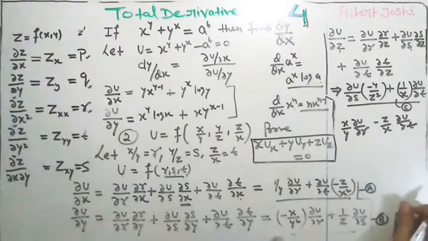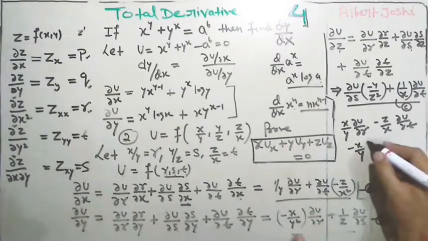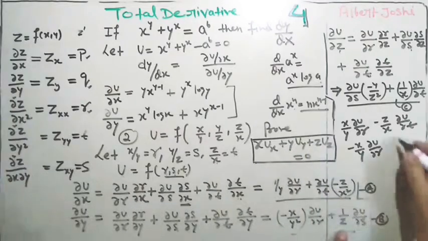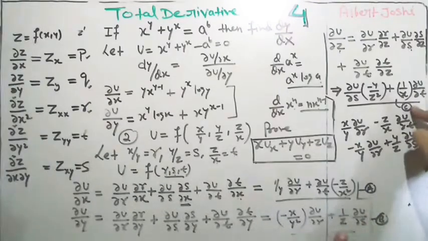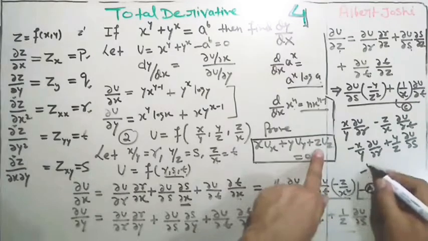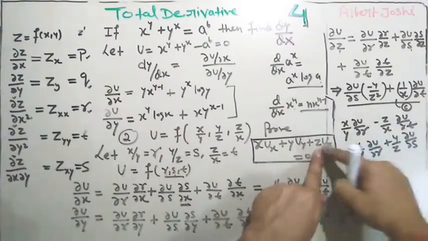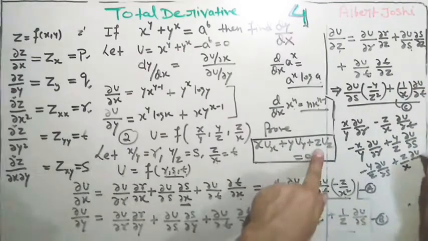Then plus this, you multiply by y, then you get minus x upon y, y and y cancel, del u upon del r. Then you multiply by y, plus y upon z del u upon del s. Now in this equation you multiply by z, z and z cancel, minus y upon z del u upon del s. Then you multiply by z and get z upon x del u upon del t.